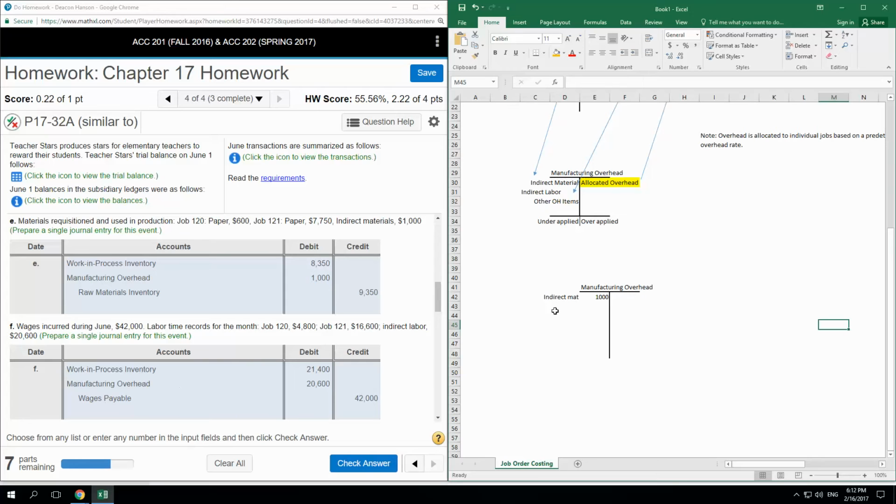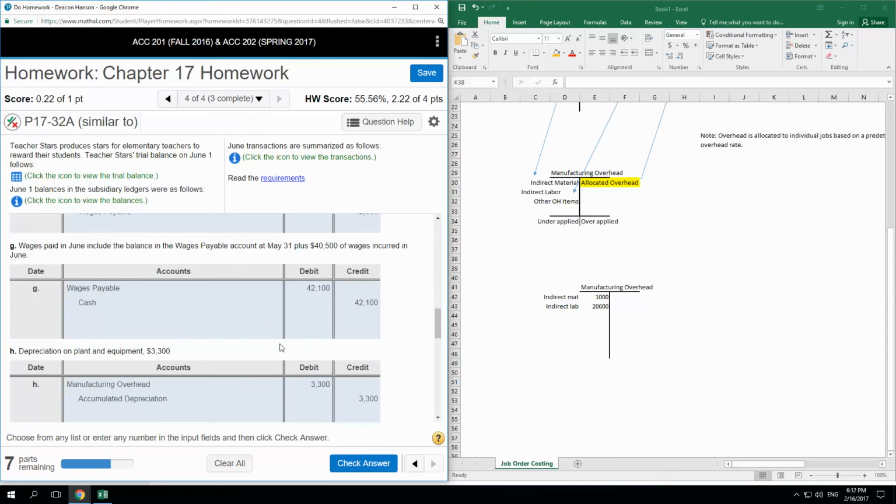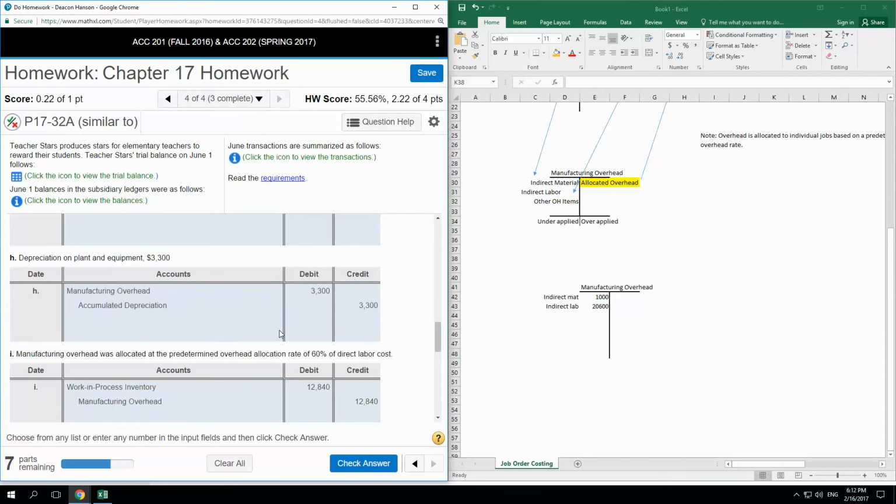So we put $1,000 for indirect material. Item F, we had $20,600 for indirect labor. In item H, we charged depreciation of $3,300.